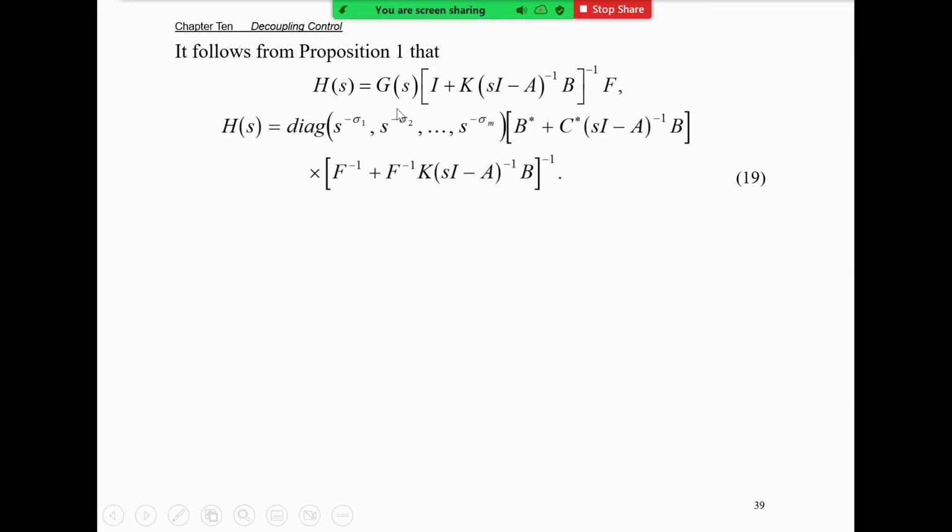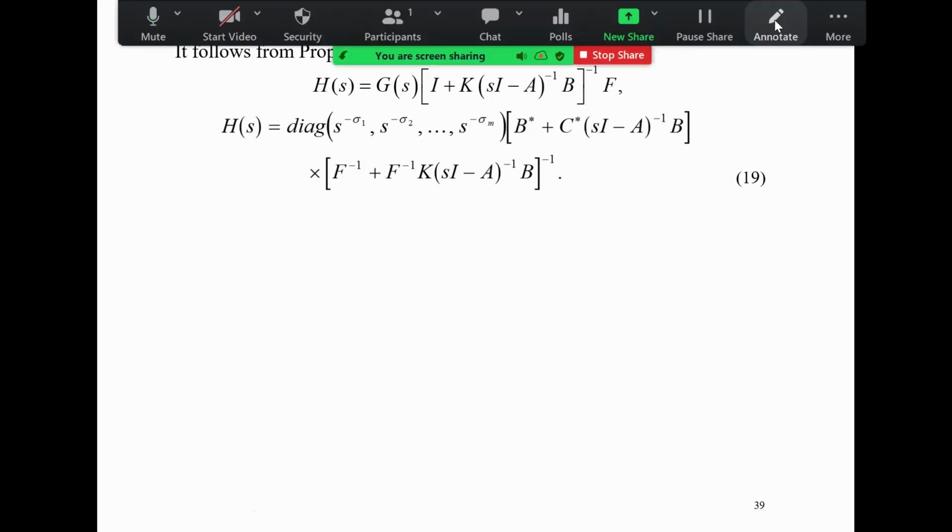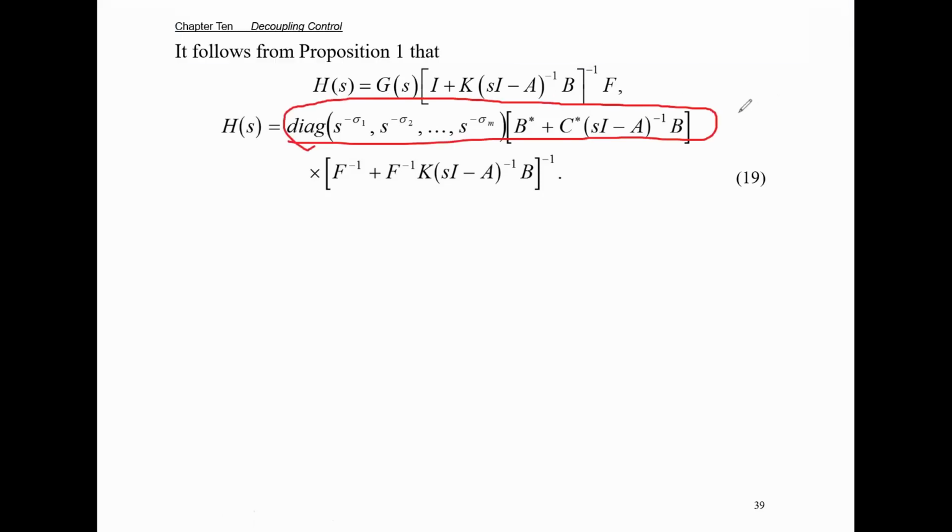It is a matrix with those peculiar forms, those integrators which depend upon the relative degree, times this matrix. That is G. Now this one here is the inverse of this matrix times F. But just to make it clear, I put the F inside the inverse.